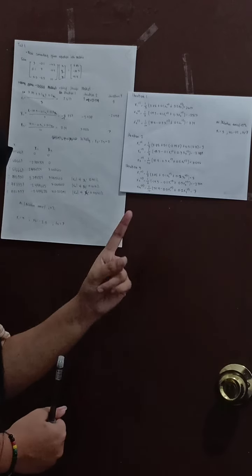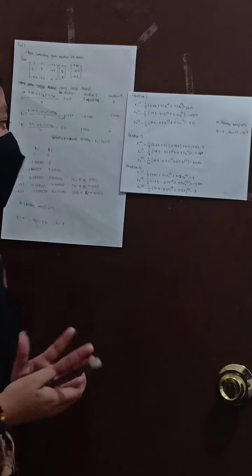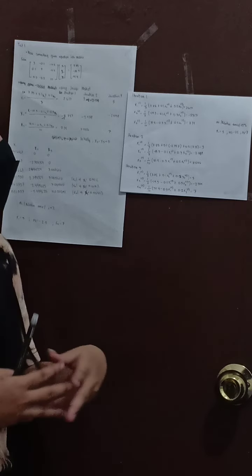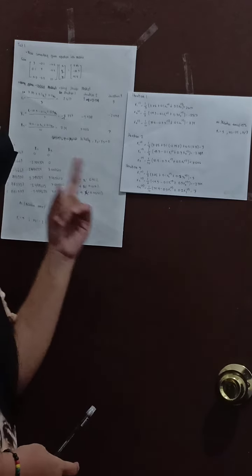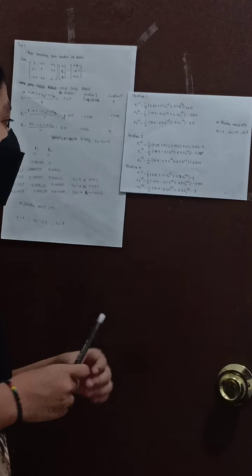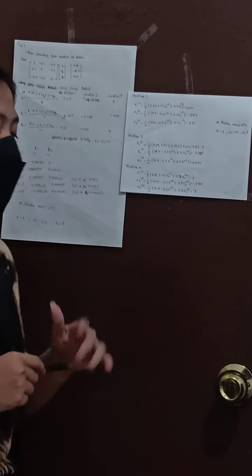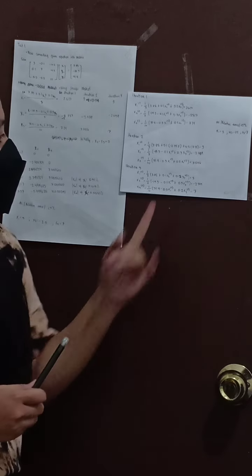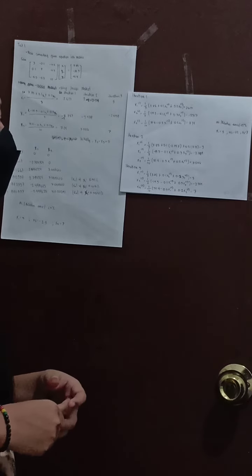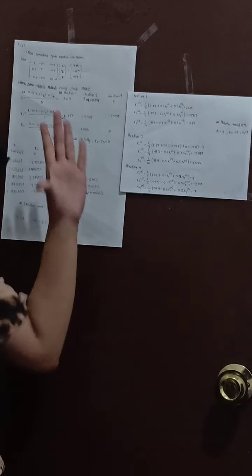So x2 to the power of 3 equals 1 over 7 times negative 19.3 minus 0.1 x1 to the power of 2 plus 0.3 times x3 to the power of 2, which equals negative 2.499. And x3 uses the same formula, so the answer is 7.